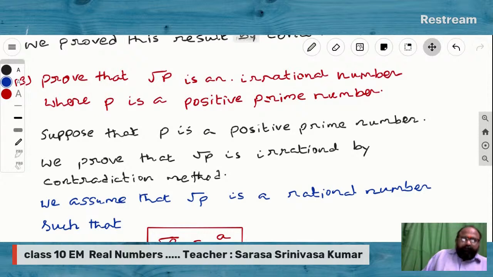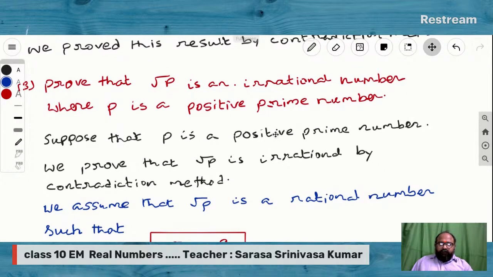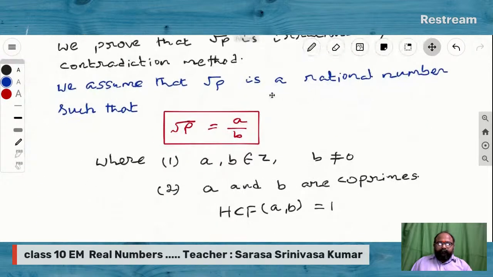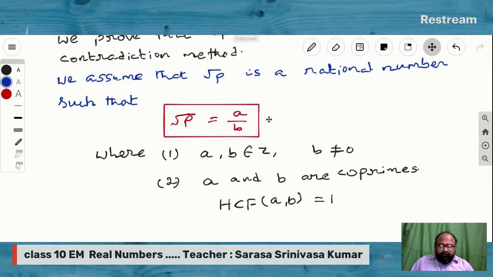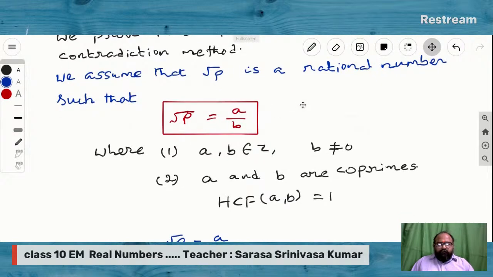If square root of p is a rational number, then we can write it in the form of a by b, where a and b are integers and b is not equal to 0. And the second condition is the highest common factor of a and b equal to 1. That is, a and b are co-primes.